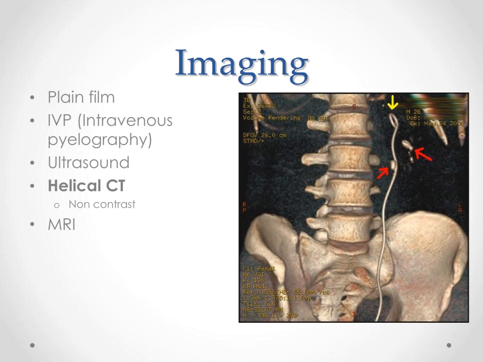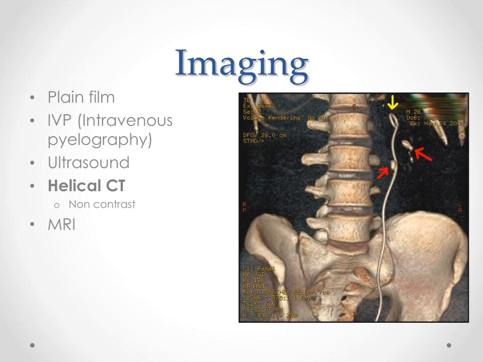The gold standard is for now helical CT for imaging. As we noted earlier, plain films can most often pick up radio-opaque stones, but they will not pick up, for example, uric acid stones.